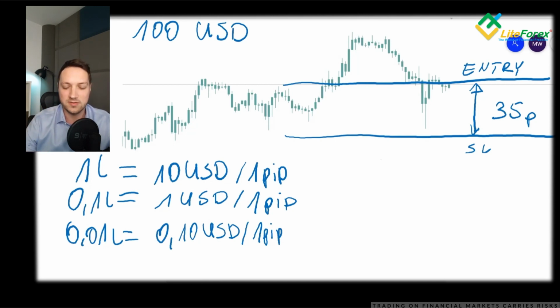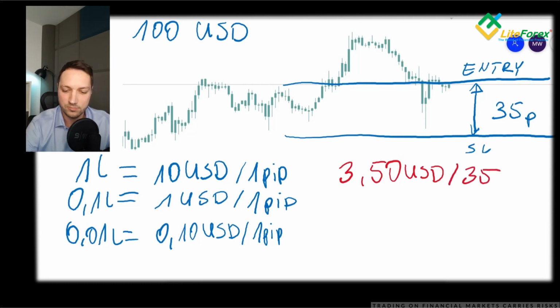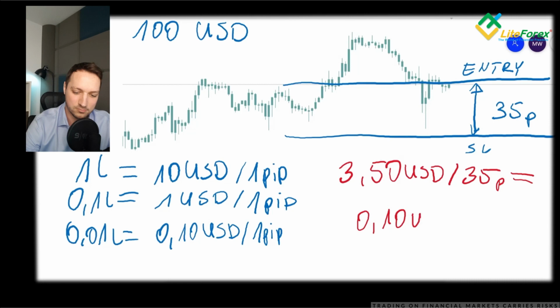So 3.5% of our $100 account is, of course, $3.50, and we need to divide that by the number of pips that we are risking, which is 35 pips, and that equals 0.10 US dollars per pip.